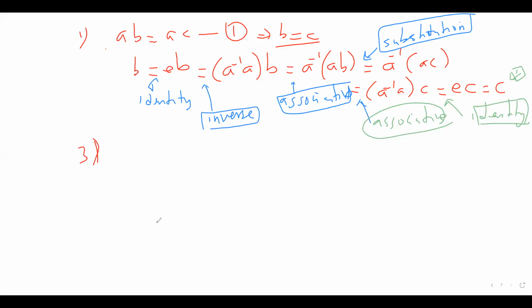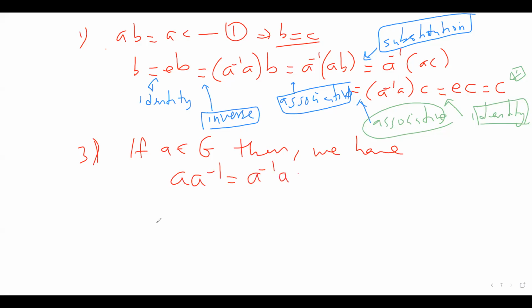I do the third one. For the third one, if we take an element in G, then we know that the element and its inverse is equal to the inverse and its element, which is equal to the identity.